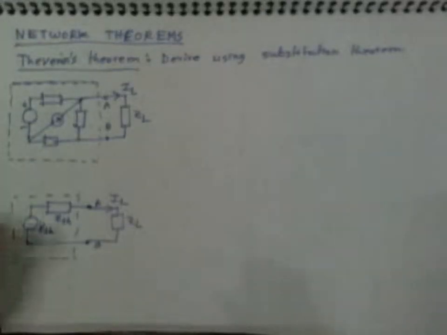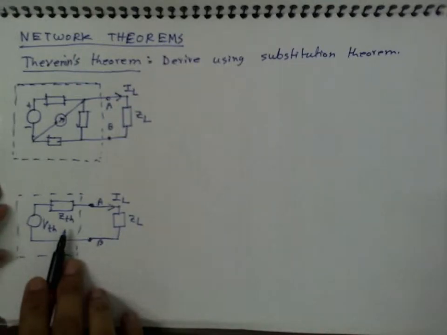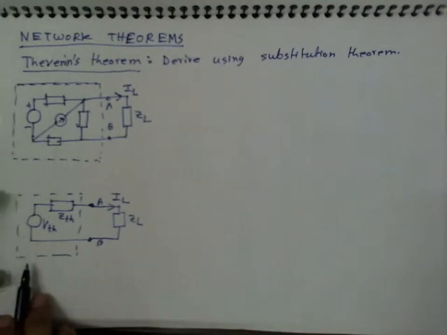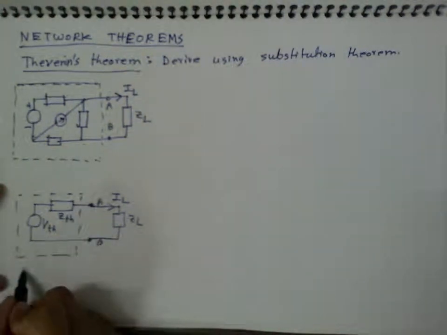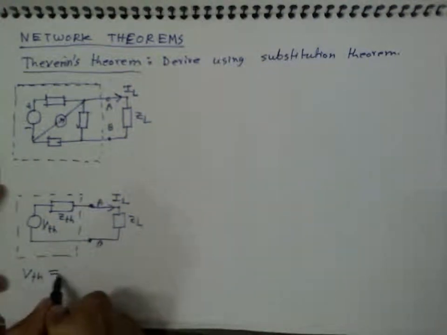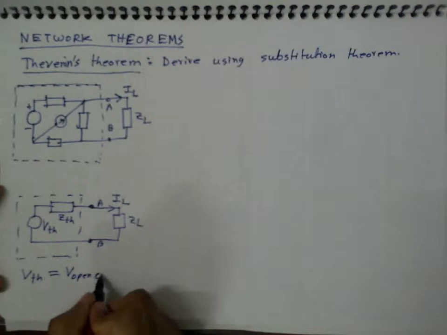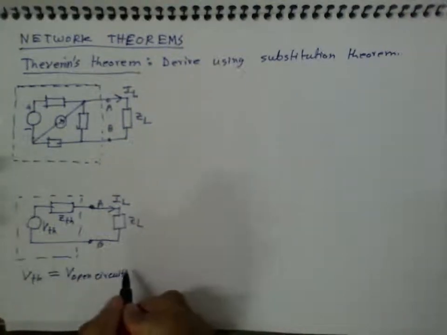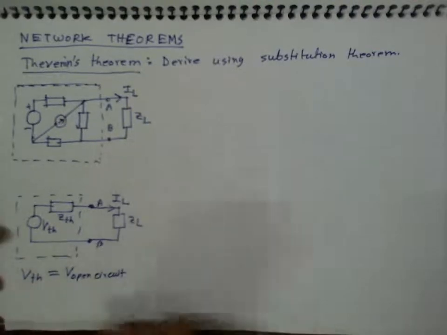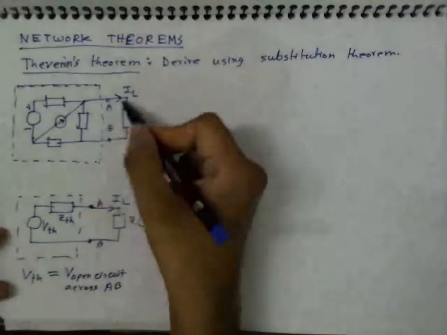But the question is, what is the value of VTH and ZTH? Otherwise, my theorem is incomplete. Thevenin's theorem says that VTH is nothing but the open circuit voltage V across AB, across these two terminals.